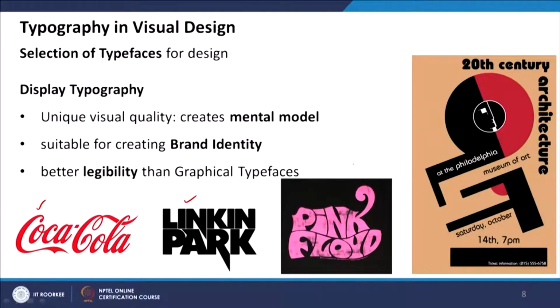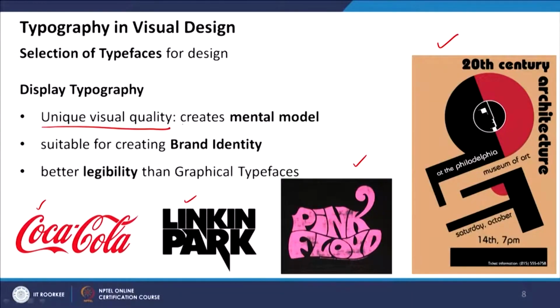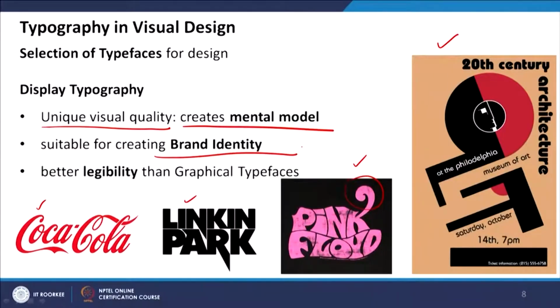For example, this Coca-Cola logo, Linkin Park's logo, Pink Floyd logo, and the Bauhaus poster. This has a particular style of typefaces, so there are ornamentations in the typefaces, and that's why it can stay. It has a particular visual quality, and it creates a mental model. If the typeface does not have any ornamentation, it will not stay in people's mind, and it will not create a mental model, and it cannot create a brand identity if it does not have any pictorial quality.